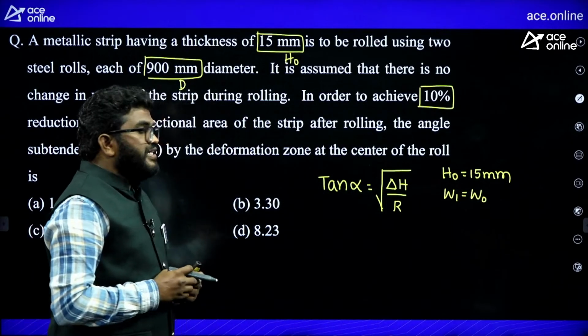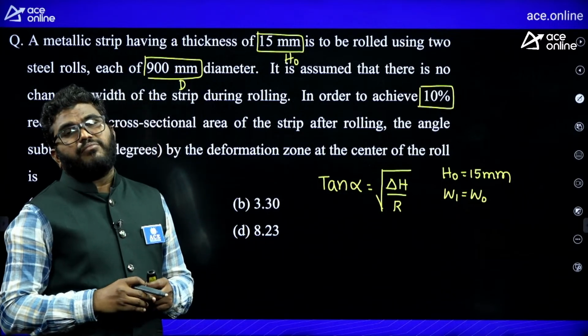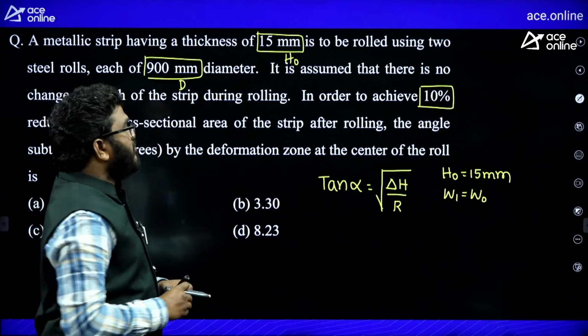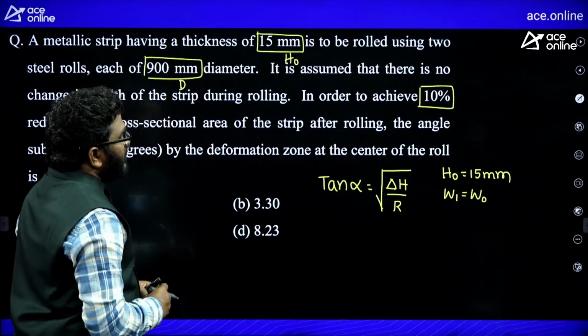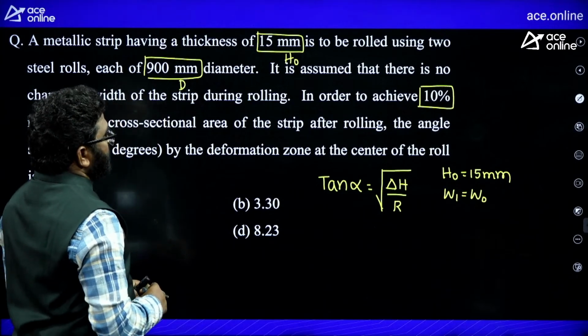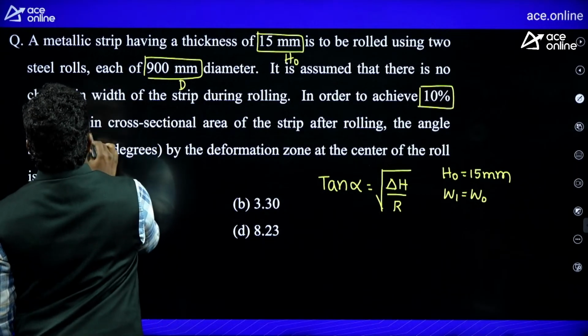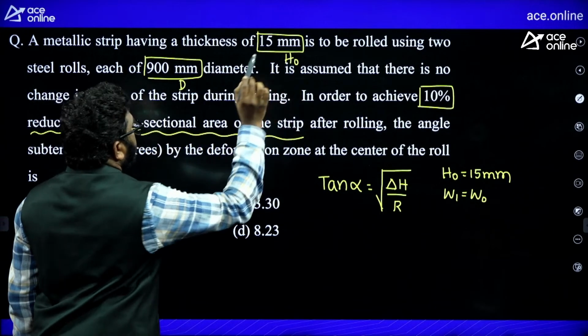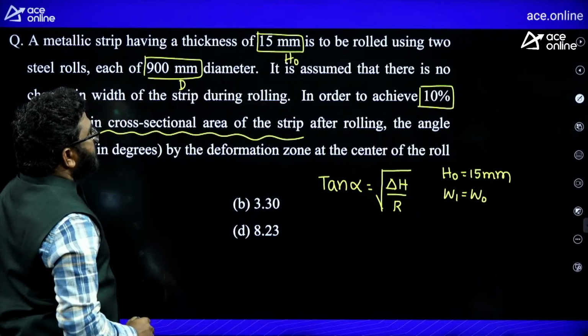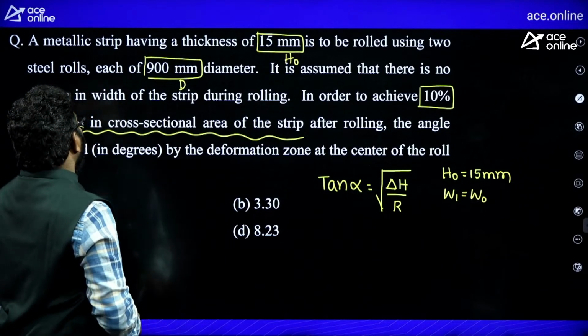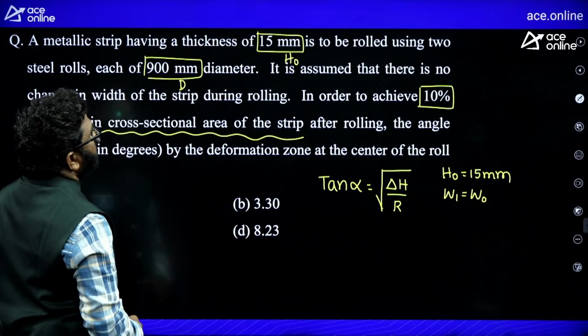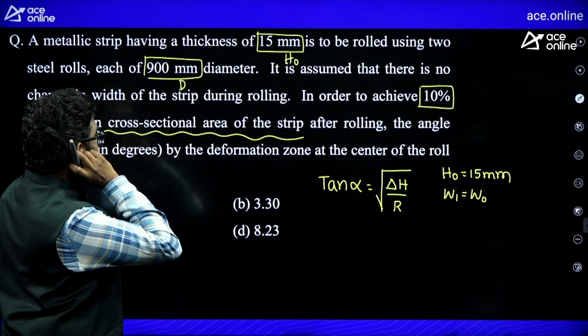But they are saying the reduction in cross-sectional area of the strip after rolling and before rolling is 10%, right?